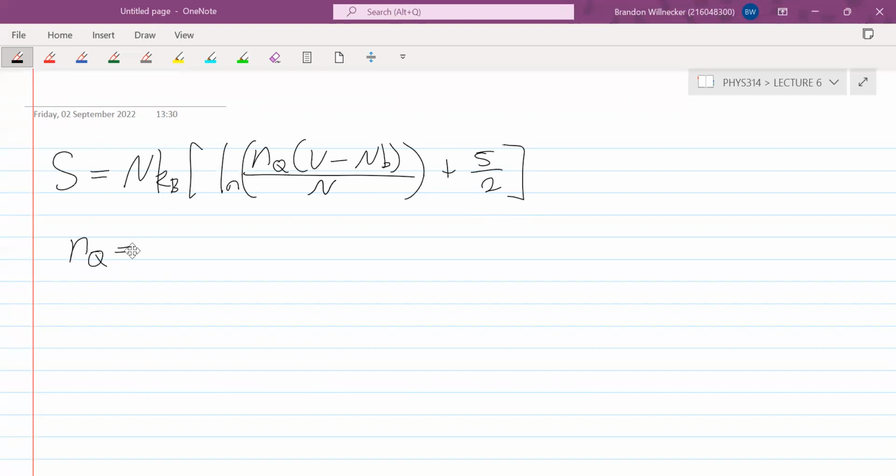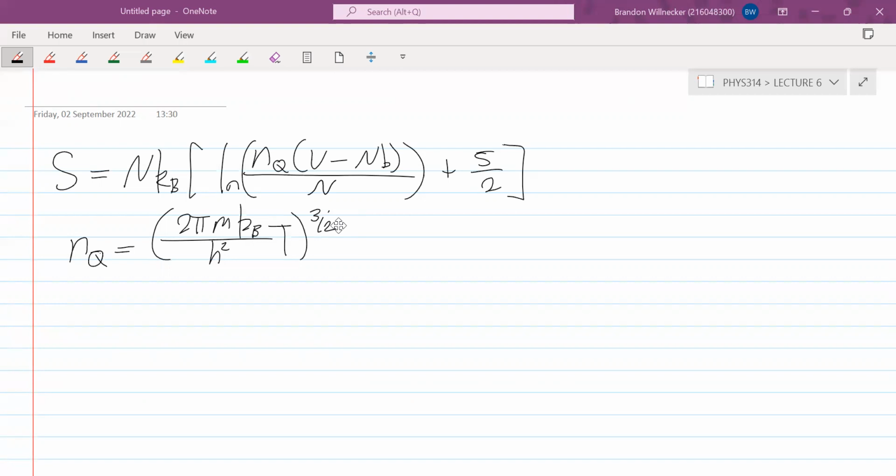So that's going to be given by (2 pi m kB over h squared) times T to the 3/2. So it only depends on temperature. The rest are constants there. Notice that this entropy depends on volume, number of particles, and temperature.